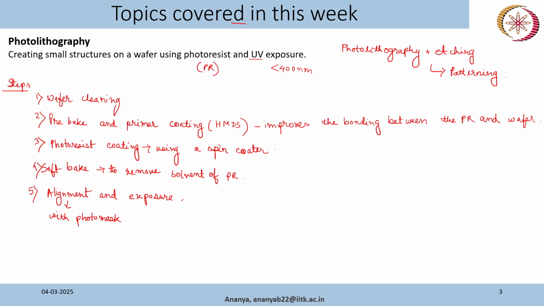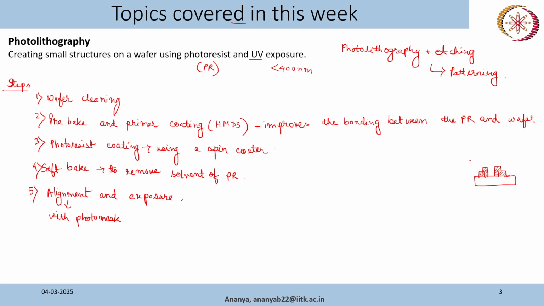multiple levels of patterning are required. Say you have this wafer and you already have some patterns like this, and you want to make another pattern like this or something. In this case you will need alignment.